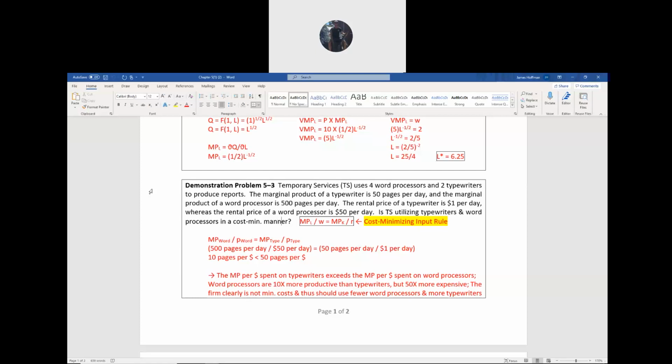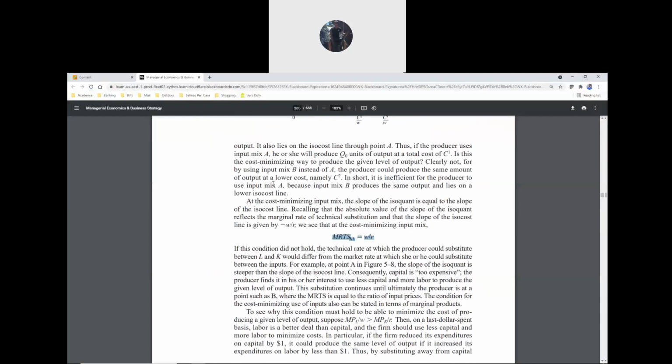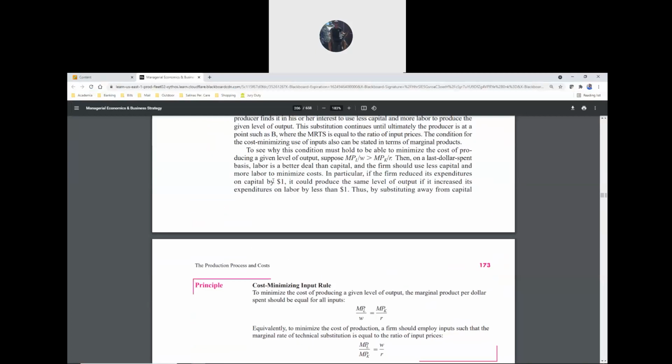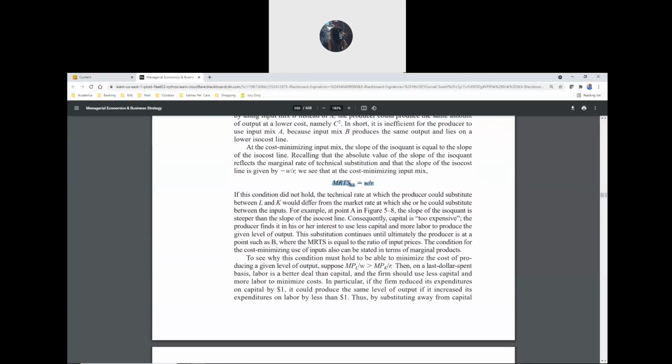So we'll apply the same concept for labor and capital, where here we have two inputs, word processors and typewriters. Remember, the cost minimizing input rule was where the MRTS equals W over R. We know the MRTS is the MPL over the MPK.